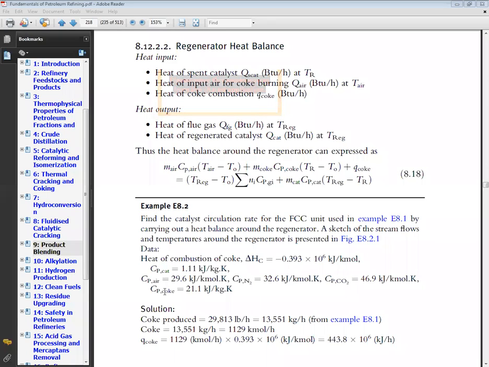On the other hand, Cp value of coke is given kilojoule per kg per Kelvin. So their heat capacity is given for different substances in different units.